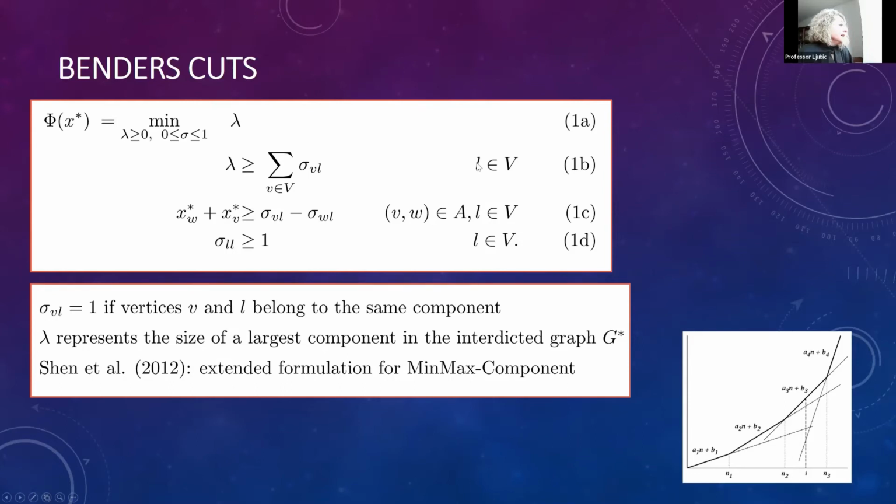By stating this for all L, lambda will be the largest connected component. And constraints 1c simply state that the vertices V and W cannot be in the same component if either W or V is interdicted. And it's a pure linear program.